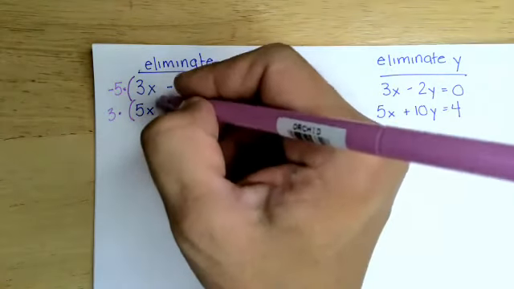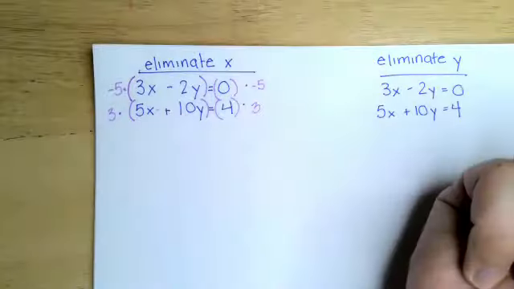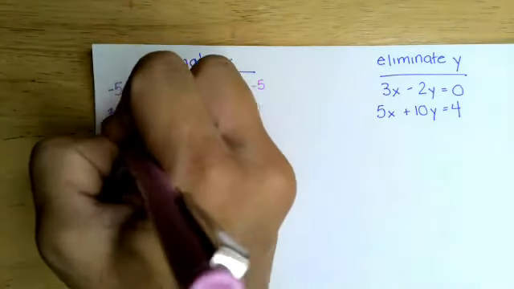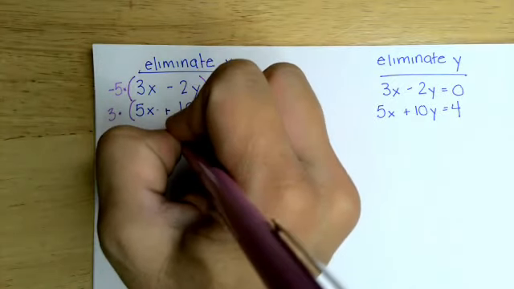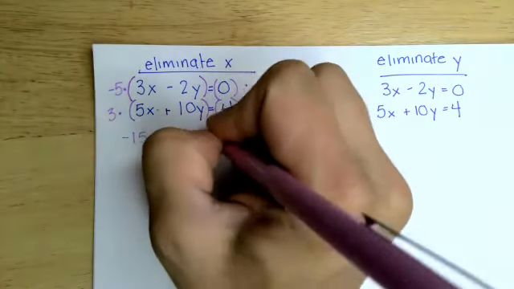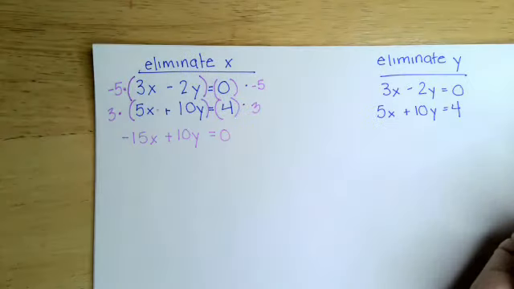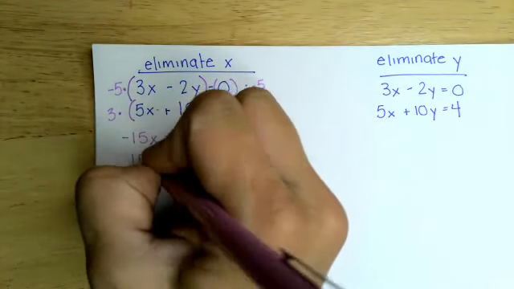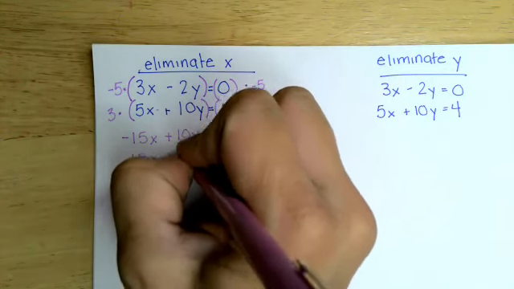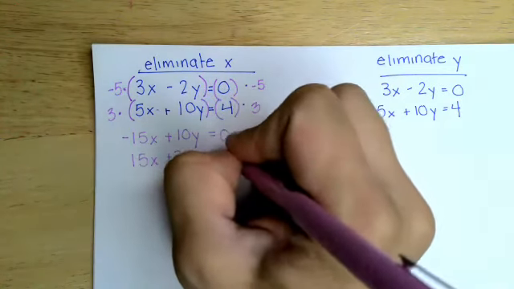And they'll be opposites. One will be -15, one will be +15. So now we have -15x plus 10y equals 0. And then on the bottom we have +15x plus 30y equals 12.